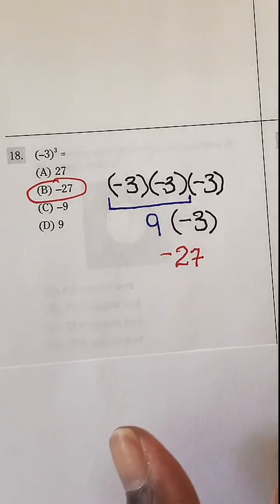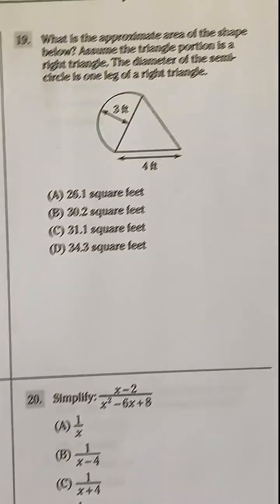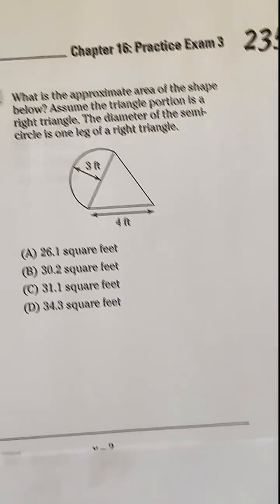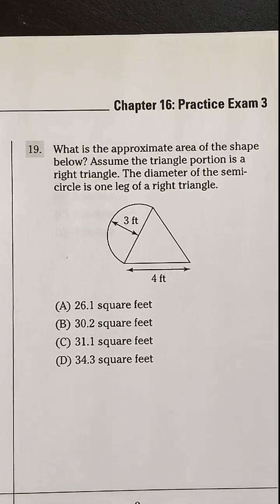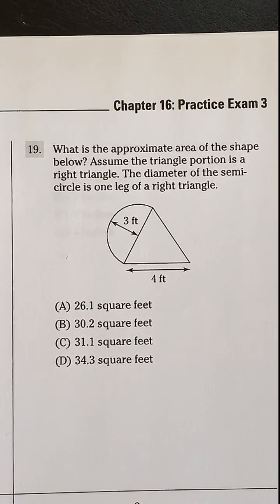All right. So let's take a look at the next one. What is the approximate area of the shape below? Assume the triangle portion is a right triangle. The diameter of the semicircle is one leg of the right triangle.